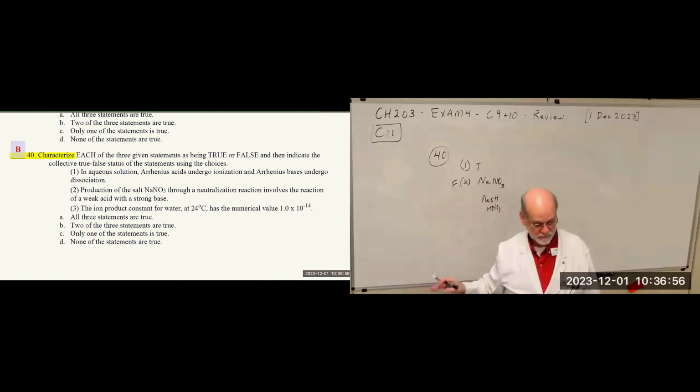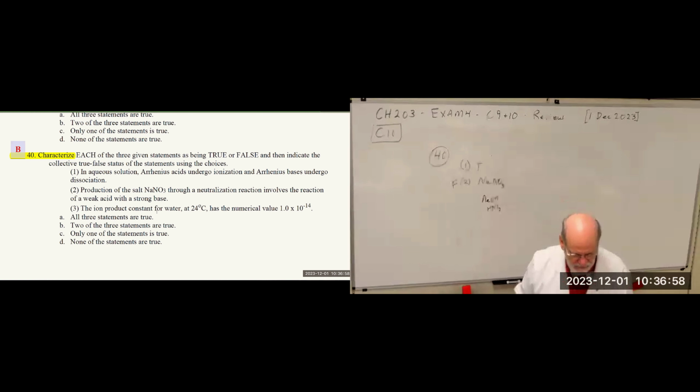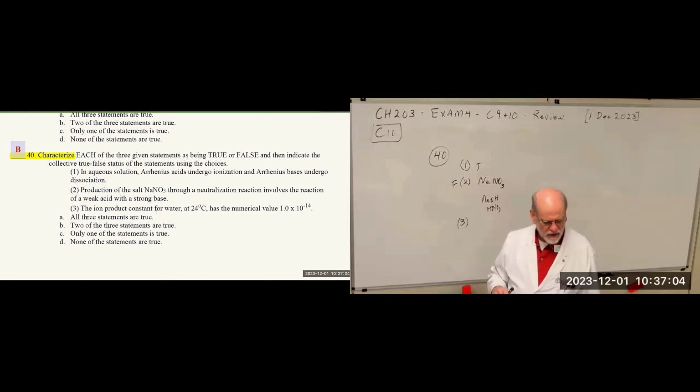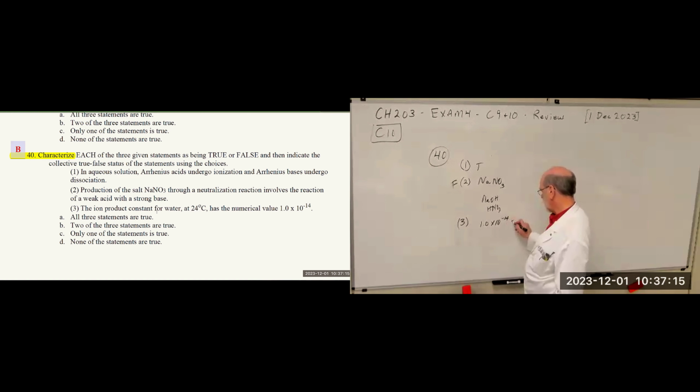They're both strong. 3, the ion product constant for water at 24 degrees C has the numerical value of 1 times 10 to the minus 14. That is true. 10 to the minus 14, that's equal to KW. Right, so we have 2 true values there. That's B.